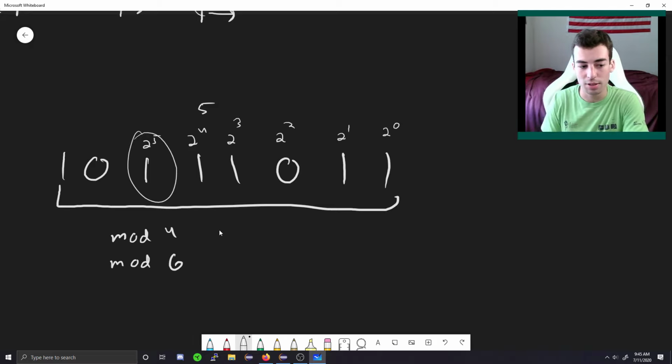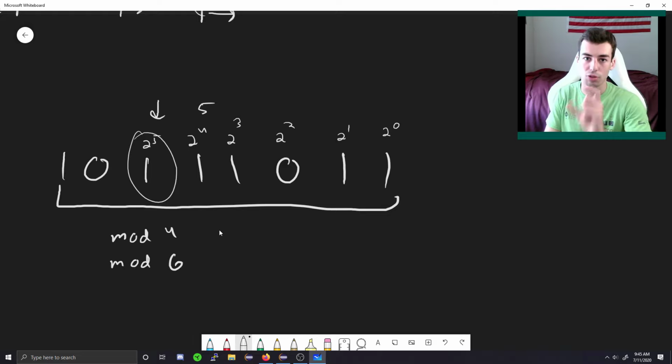In this case we'll be using mod 6, because there are now 6 1-bits here, and we want the old number's value. So it was the old value mod 6, plus this extra power of 2, so the old value plus whatever 2 to the 5 is mod 6. That'll be the new value mod 6.